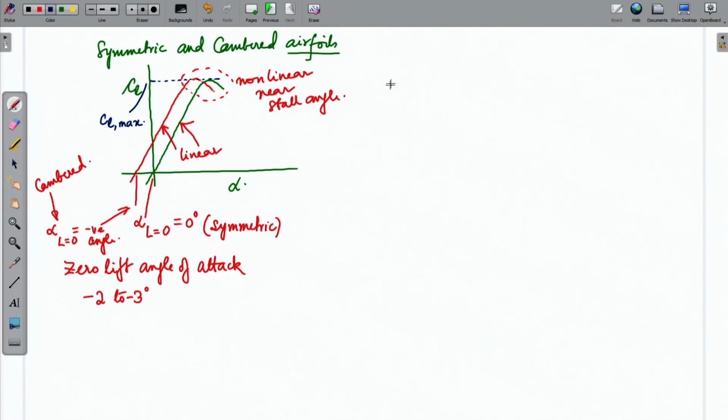When we try to look at the linear portion of the lift curve, inviscid theory or potential flow theory can predict it.